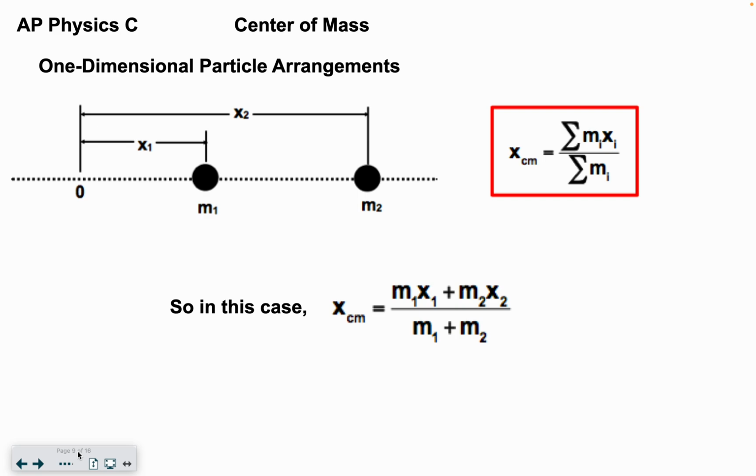It's pretty clear that whichever particle has the larger mass will have a bigger influence on the location of the center of mass. If M2 and M1 are equal, then the center of mass would be located in the middle of their two locations. If M2 is larger, the center of mass would shift to the right, in this case towards M2. If M1 were larger, the center of mass would shift to the left.